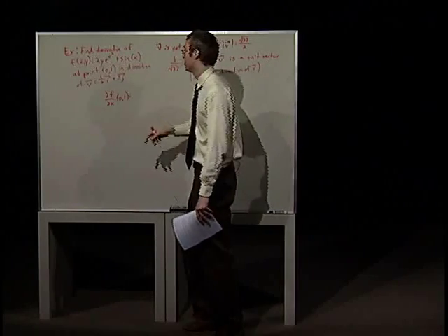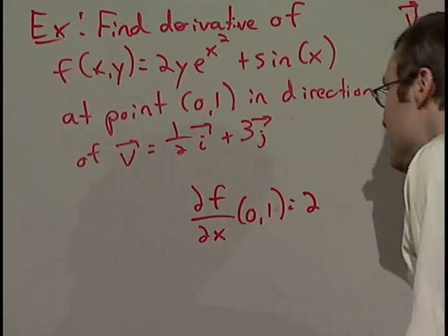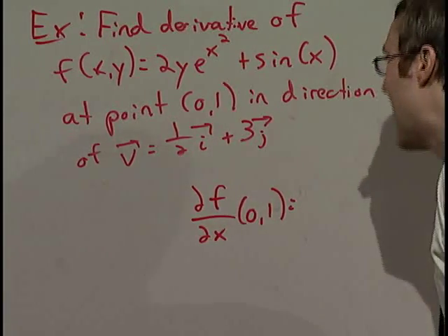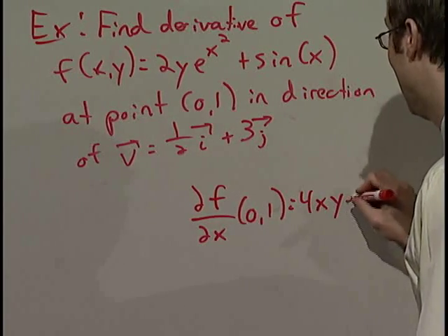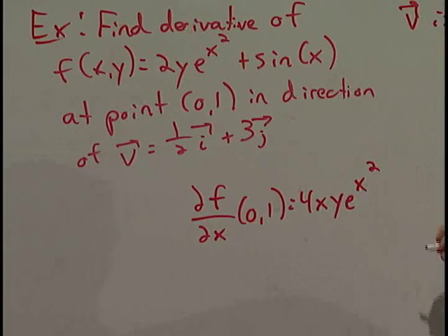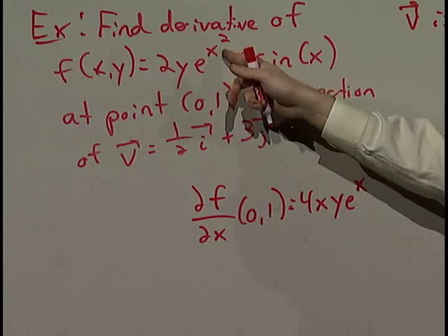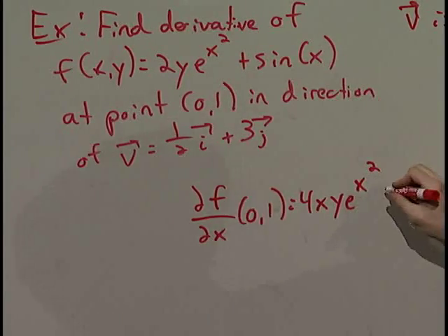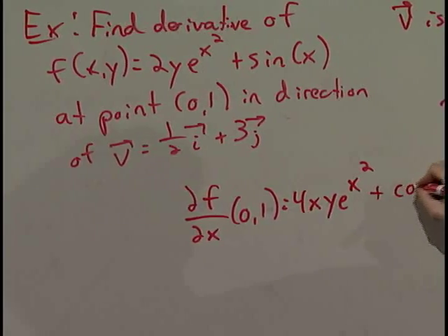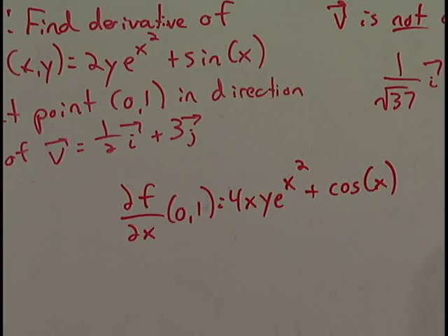So we get 2x times 2y e to the x squared, which is 4xy e to the x squared. And then sine x has derivative cosine x. That's what I got.